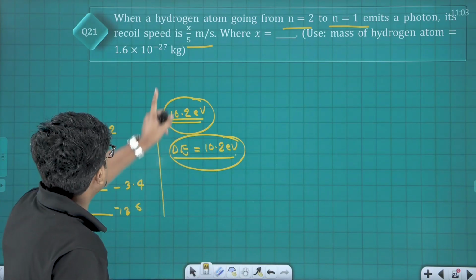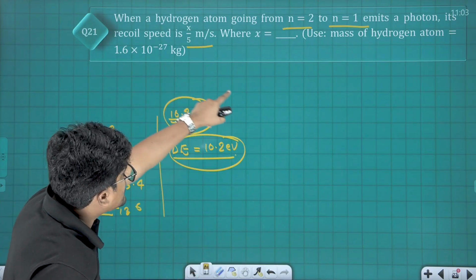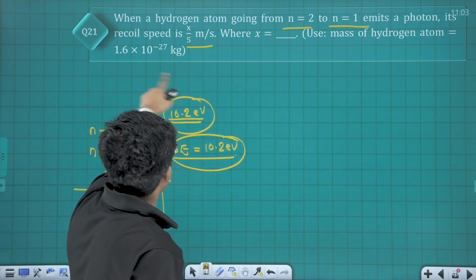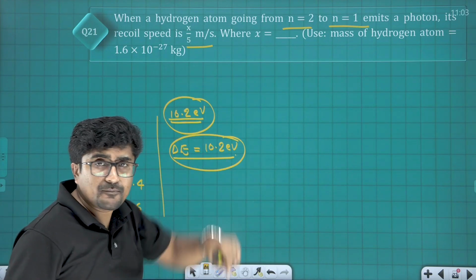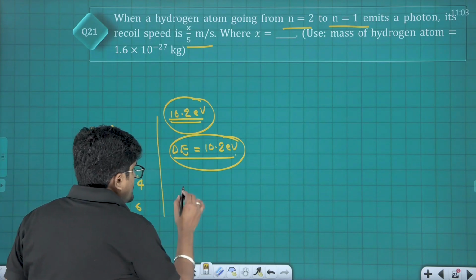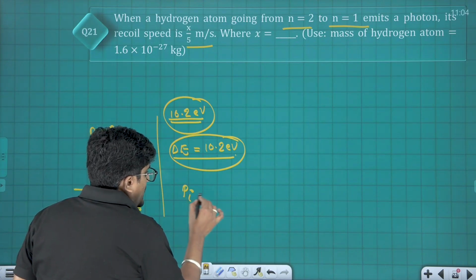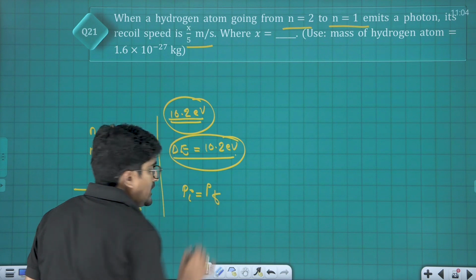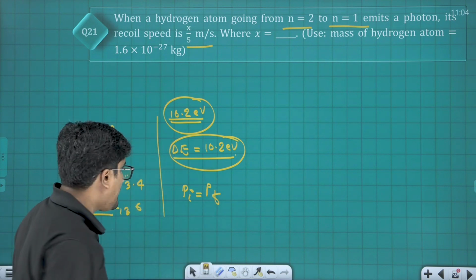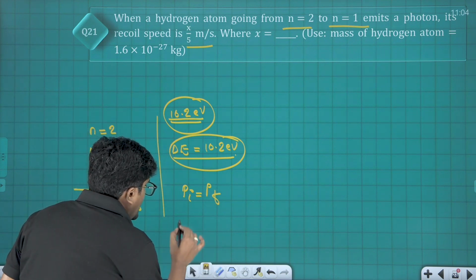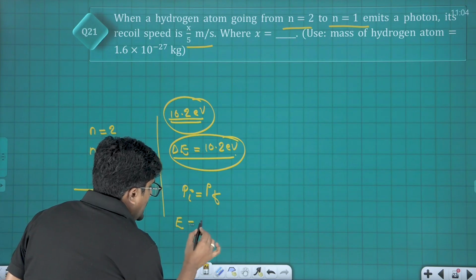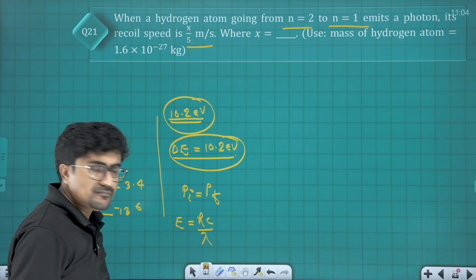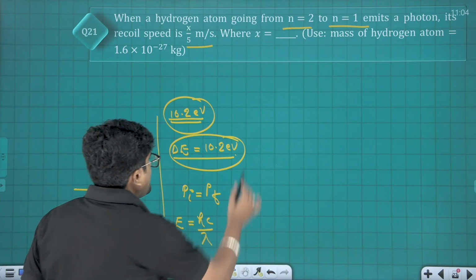Now the question is the recoil speed of the atom when it emits a photon, given as x by 5. We know the initial linear momentum needs to equal the final linear momentum. And energy associated is hc by lambda.